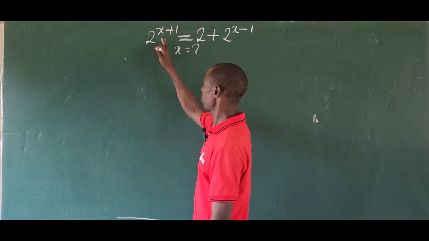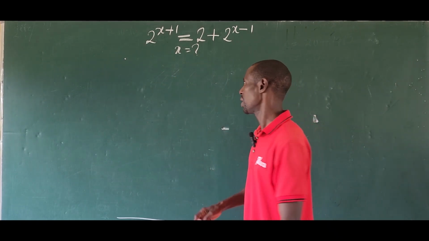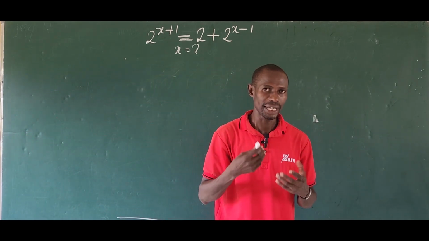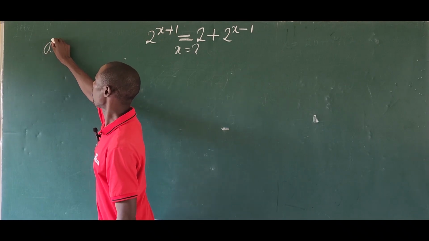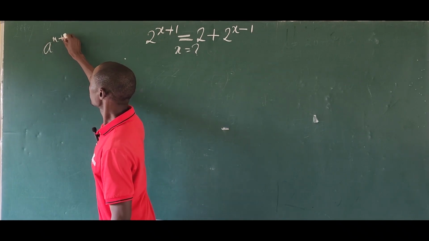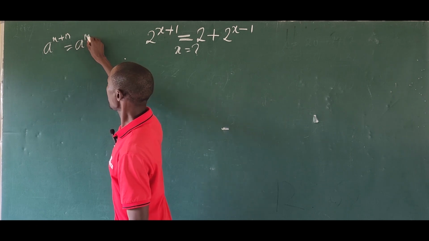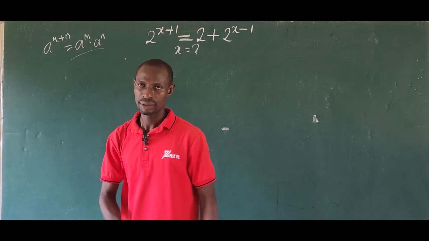We first of all rewrite this expression here and also rewrite this expression here. Doing that, we apply the law of indices, which says that a to the power of m plus n is the same thing as a to the power of m times a to the power of n.